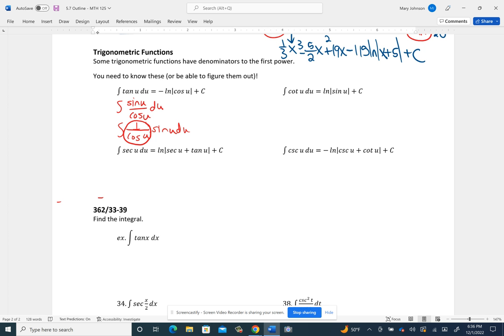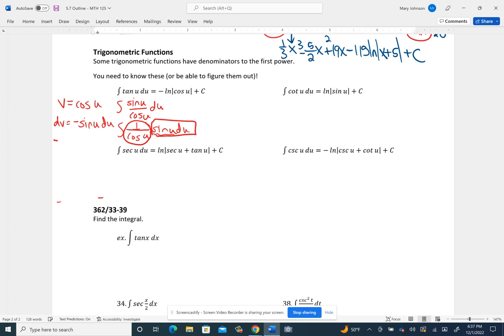So I'm thinking about how this is 1 over something and how that sine u right there came from the derivative of cosine. But let me show you that better. I can't use a u because they already have u's. So let me use a v. So let v stand for cosine u. Then dv would equal negative sine u du. Okay. And then I see the sine u du, but I don't see the negative.